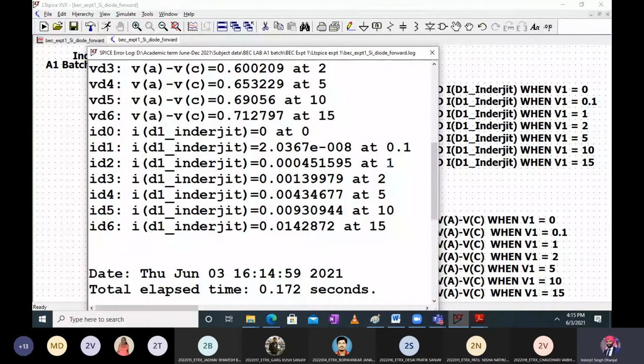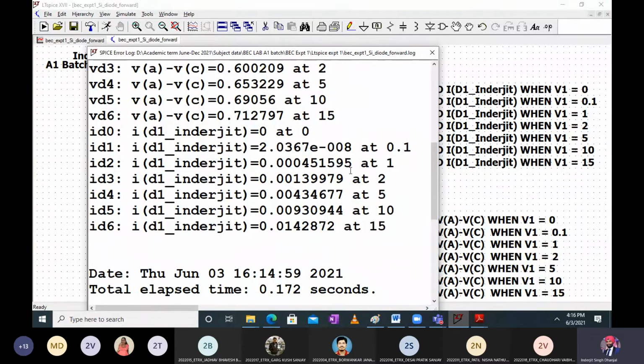So you enter that into your calculator and you will get the current value as 0.451595 milliamperes. Write the entire value if you want, no problem, or you can approximate up to 4 digits. So write the current in milliampere form. It will be helpful for us to understand. Enter this number in the calculator and automatically it will give you the value in milliamperes.